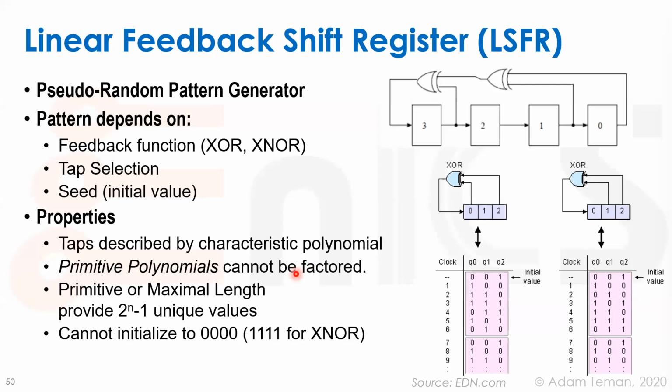And when you get a primitive polynomial, it gives a maximum length output, which means that when you toggle through all of the states that this type of thing goes to, it goes through all of the different 2 to the n values, that 16 values that you could get in the shift register.